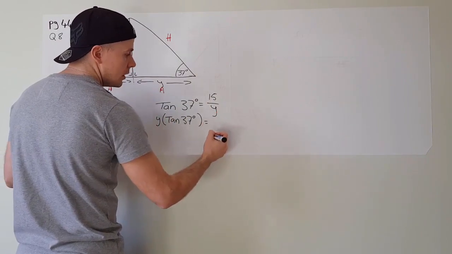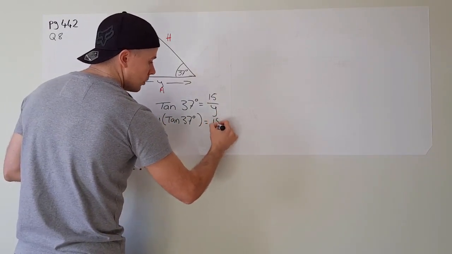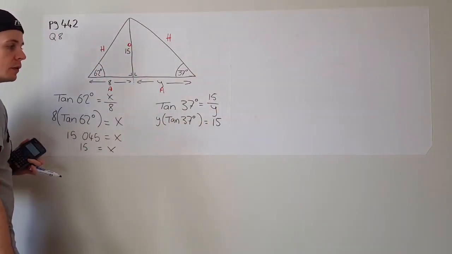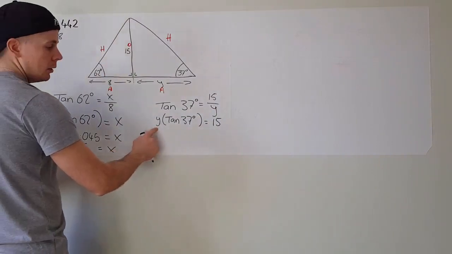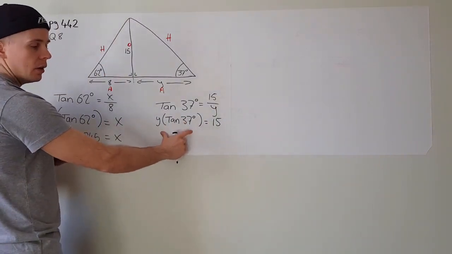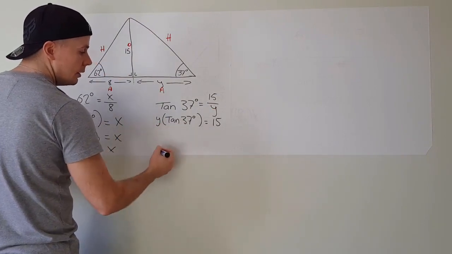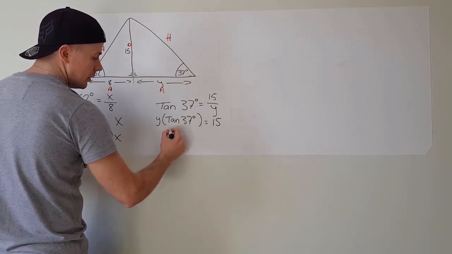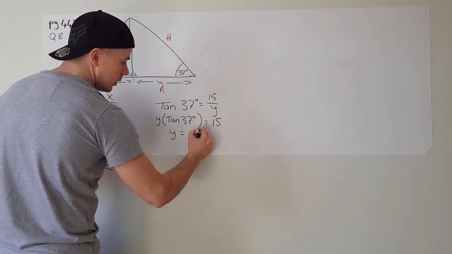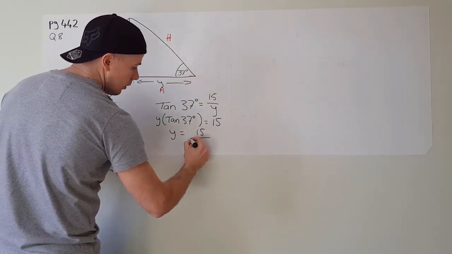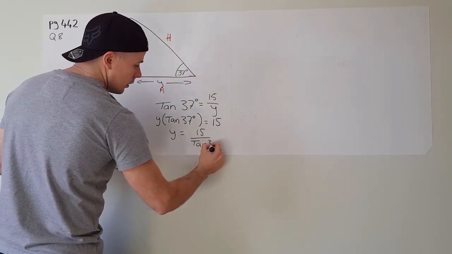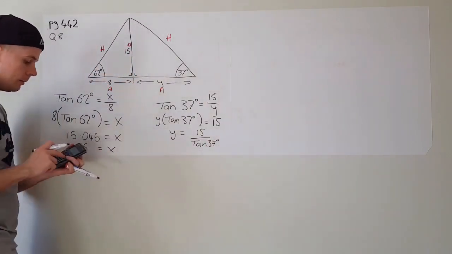Multiplying and dividing by the same number will cancel each other out, so that's all equal to 15. Y now is tied up as part of a multiplication we want to get rid of and isolate it, so we're going to divide by the tan of 37, both sides. So Y is equal to 15 all over tan of 37 degrees.